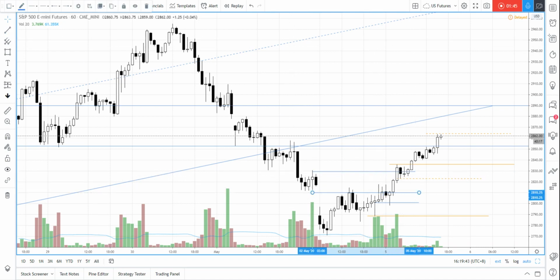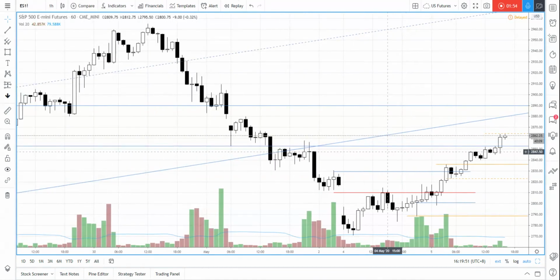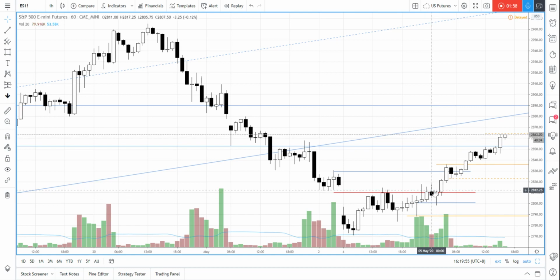Let me change this color to red, to represent the resistance. So you can see that these 3 bars show some kind of rejection, but we didn't manage to have any downside follow through.